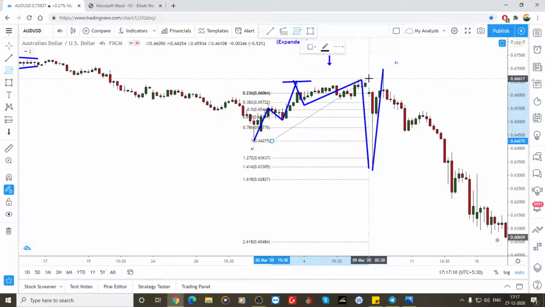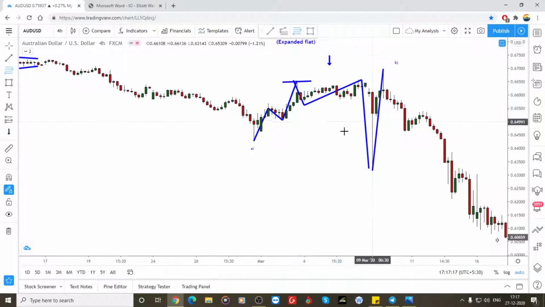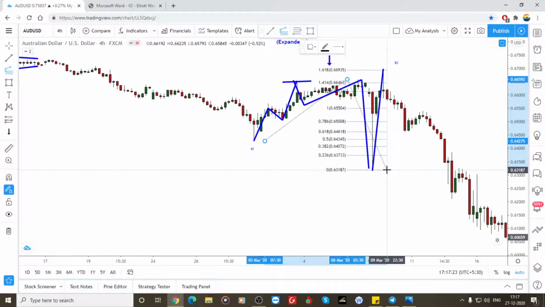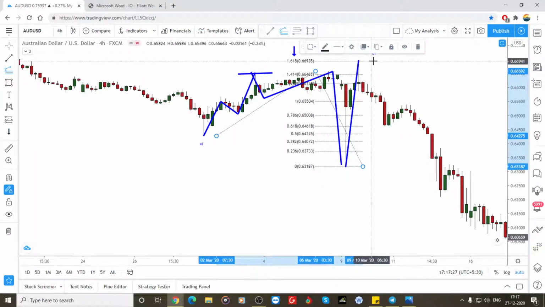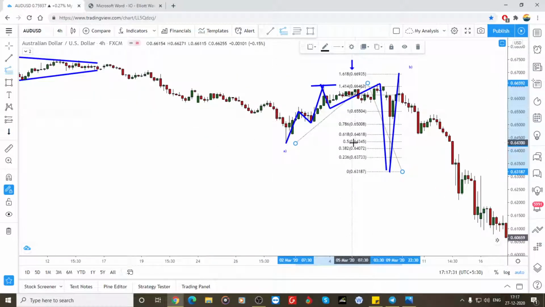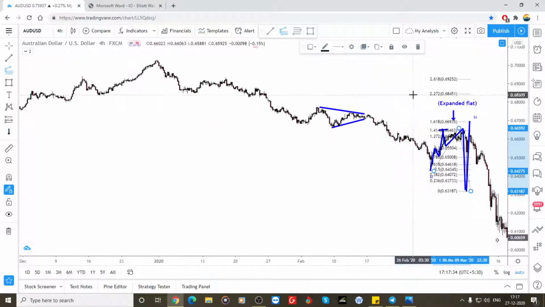Yeah, this is within that 141, right? It's a 1414. So this is also acceptable, but whether it is a running flat or an expanded flat, it has already gone above that. See exactly the 1618. It is an expanded flat. You can understand this exactly. It did the expanded flat at 1618.